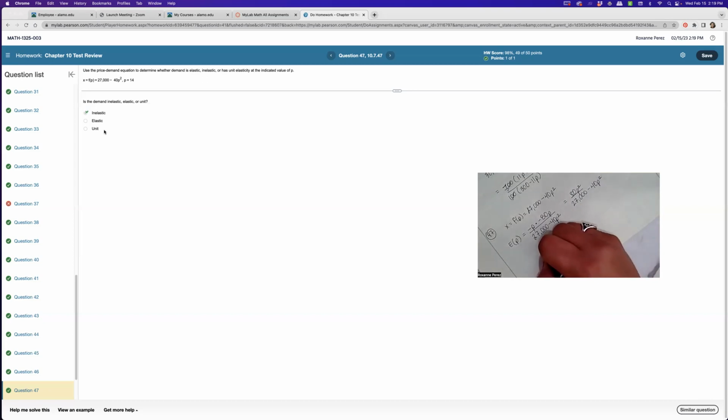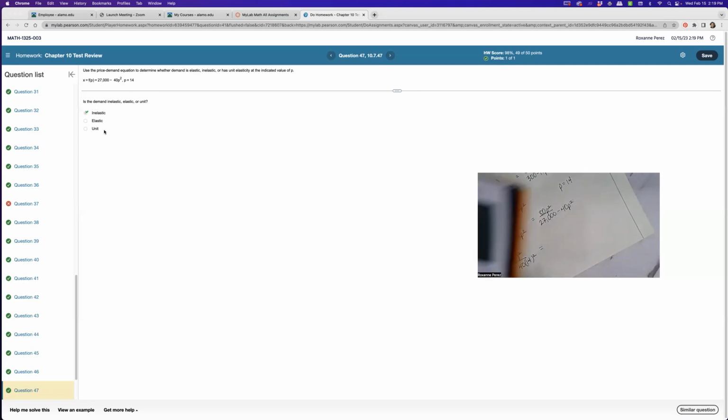So 80 times 14 squared divided by 27,000 minus 40 times 14 squared. I'm going to put that in my calculator.